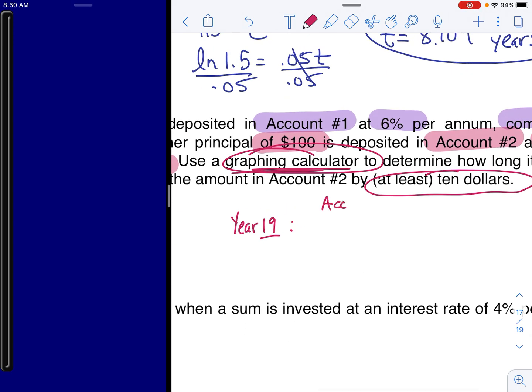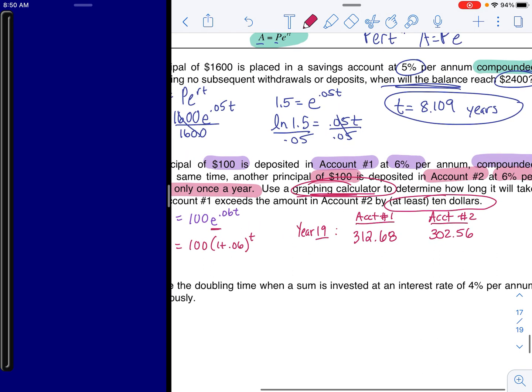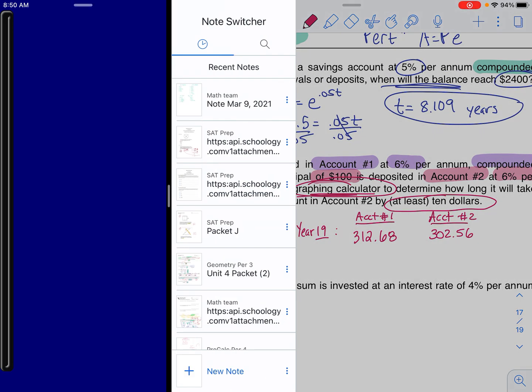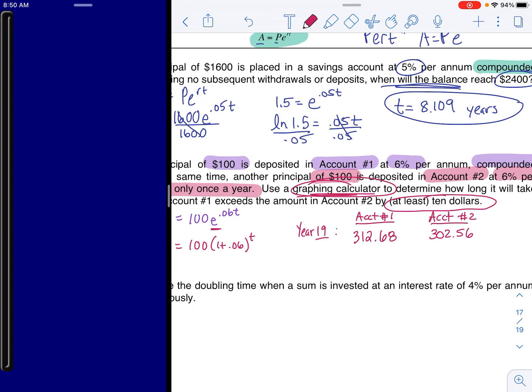What we noticed is that account number 1 was, what did I say, 312 point something, and account number 2 was like 302. It was a little less, right? Was that exactly it? Let's see.